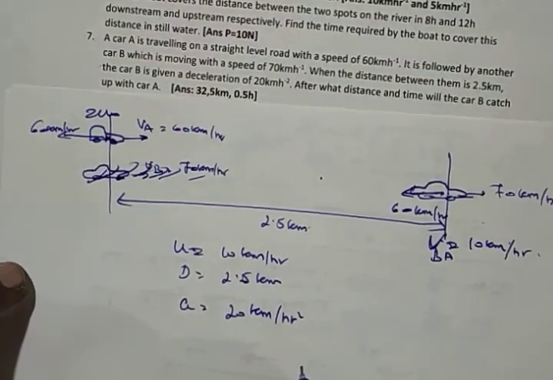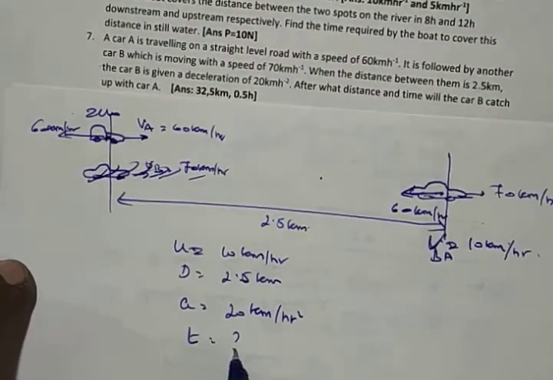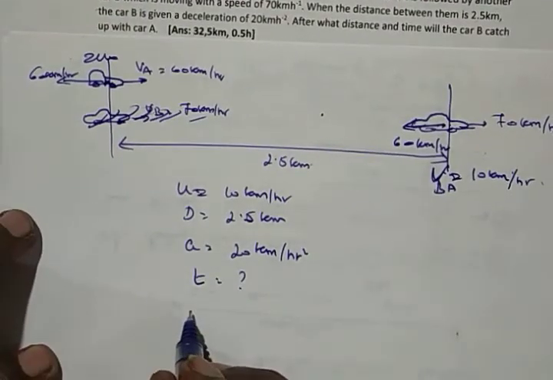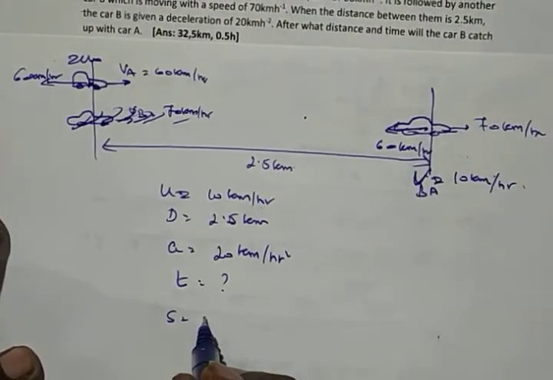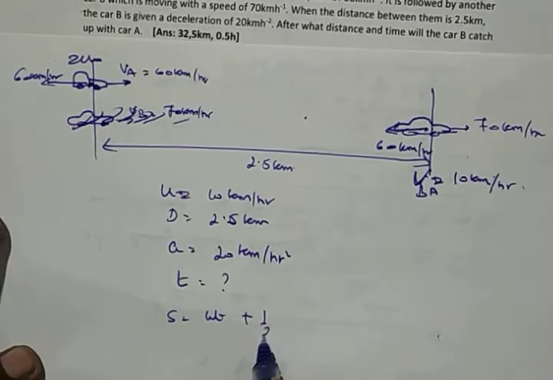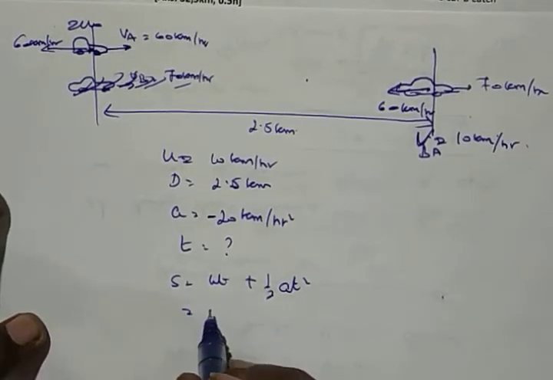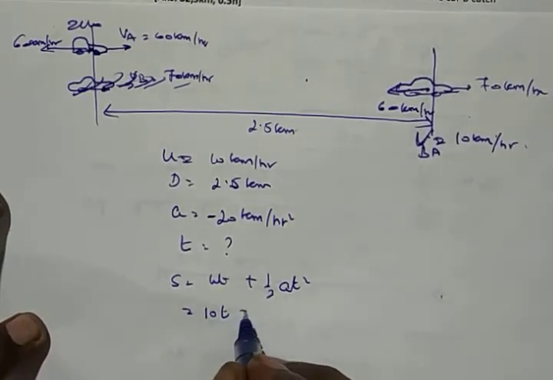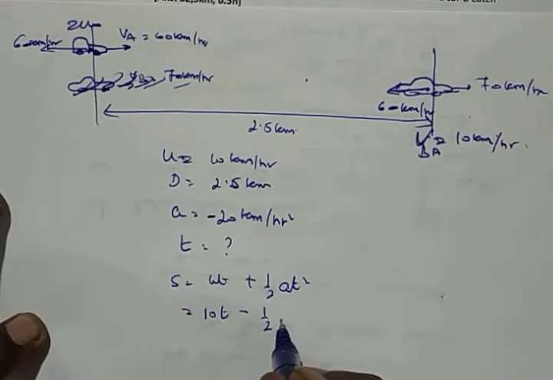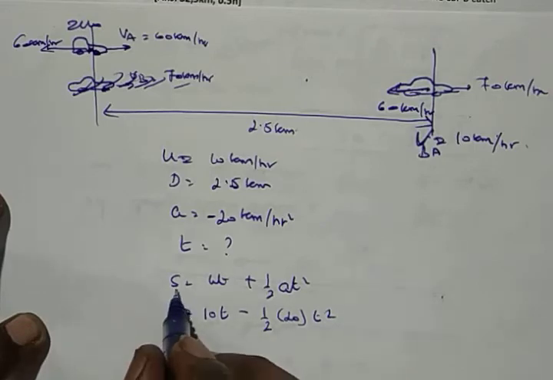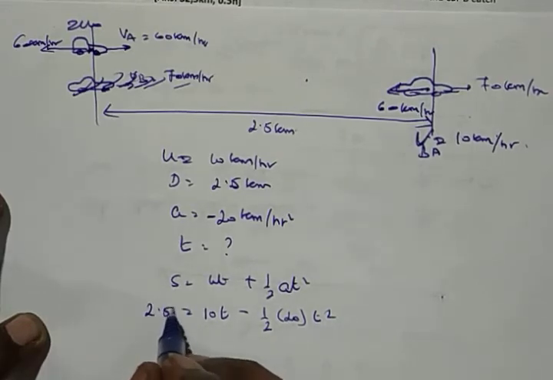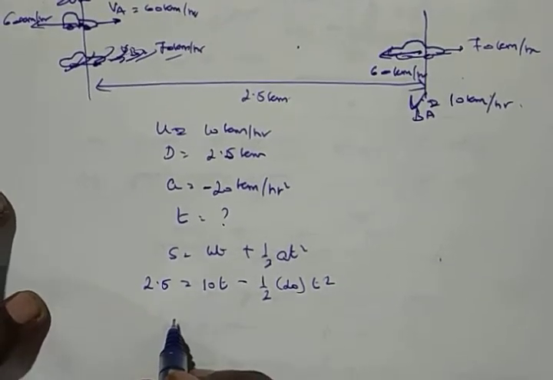Now it is asked what is the time taken. We can calculate with the formula S equals ut plus half at squared. This is retardation, minus 20. So what is u? 10 times t minus half into 20 into t squared. Distance is 2.5. So you can make an equation out of this.